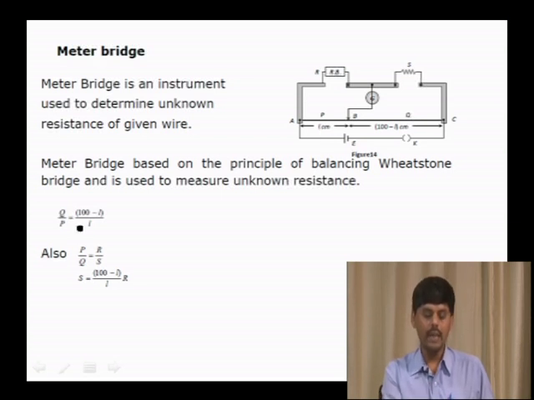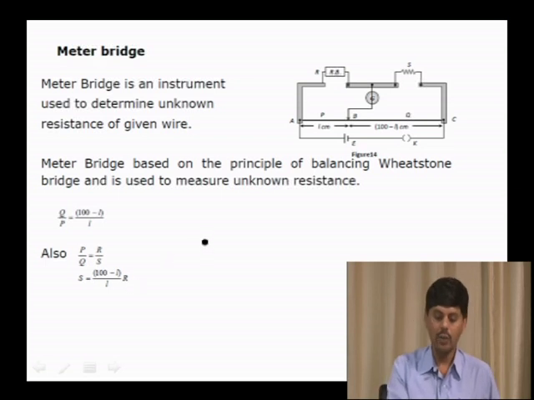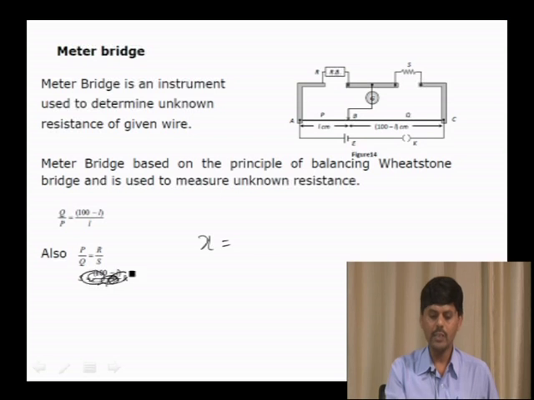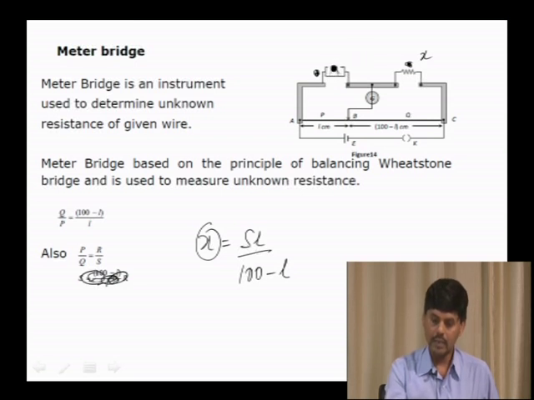See, in the balanced Wheatstone network, for this particular diagram, we have S equal to (100 minus L) divided by L into R, or else you can calculate X equal to SL divided by (100 minus L), if you want to calculate the value of X. In practical work you are measuring X; S is the standard resistance and X is the unknown resistance.